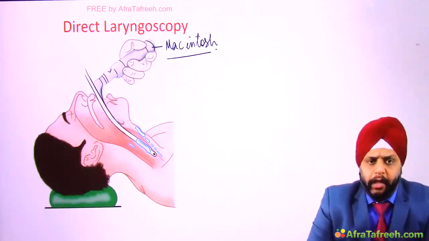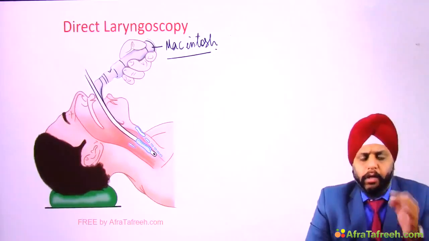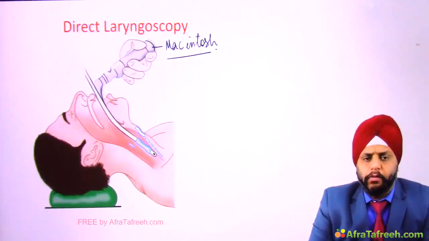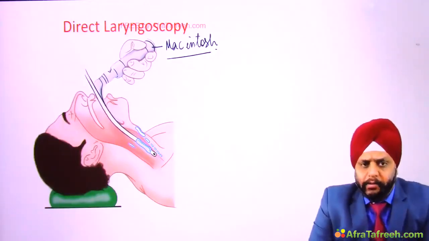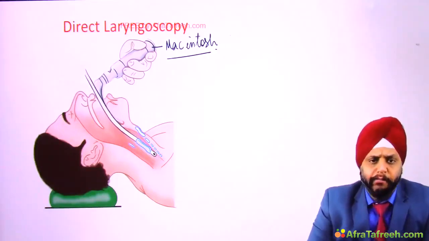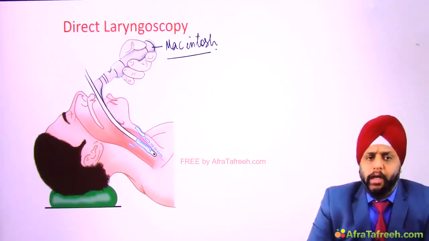They visualize the larynx, they do a laryngoscopy, and then they insert the endotracheal tube through the larynx into the trachea. So they do this almost on a daily basis, multiple times. We ENT surgeons also use a laryngoscope. That is a little different from this one, and it is generally used to do procedures and biopsies in the larynx.